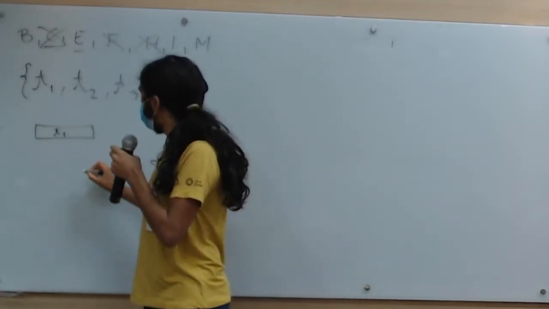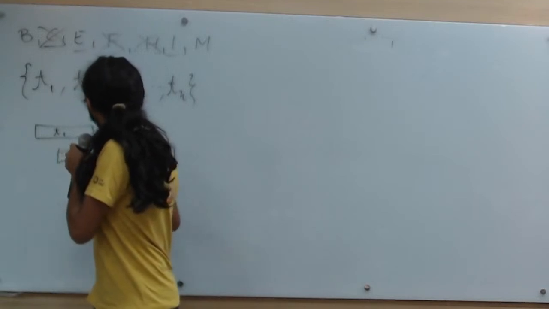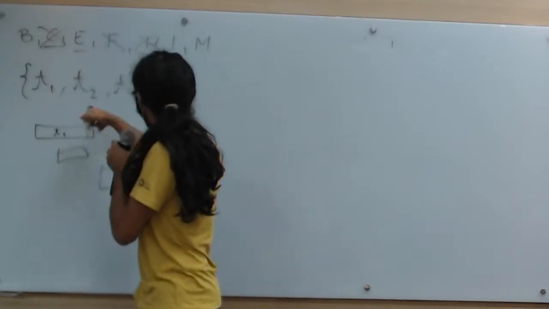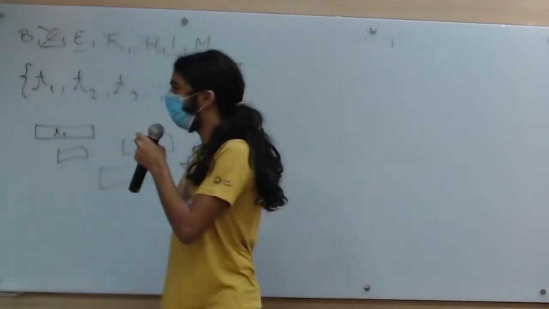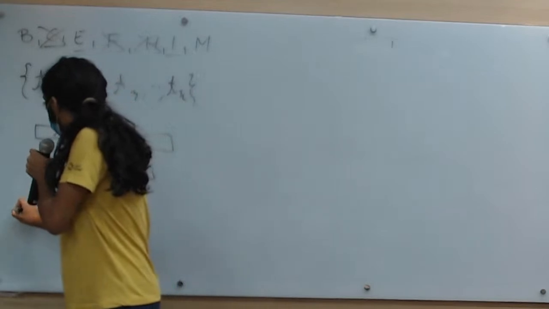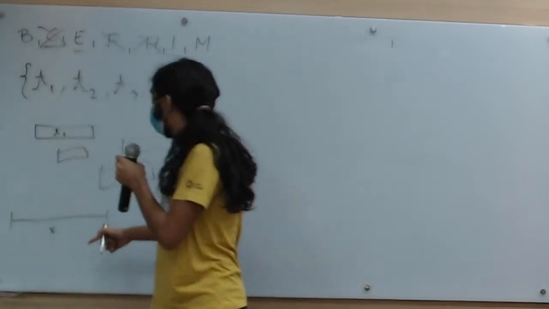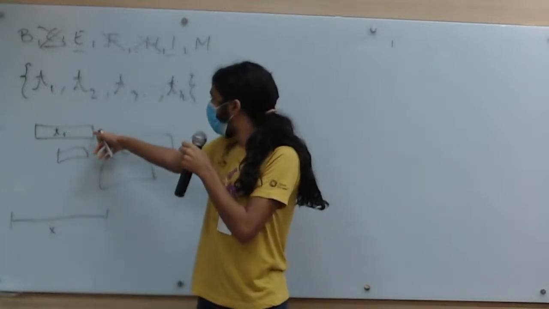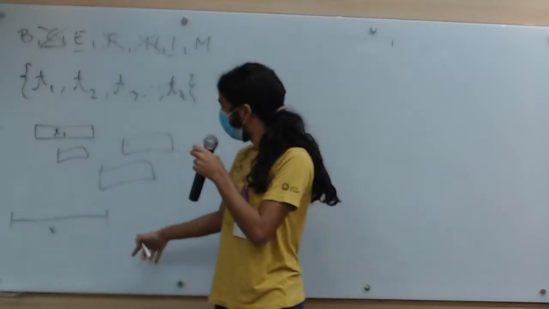And you want to position them in a way where, let's say we do 4 of them. You have to position them in a way where for every segment of size X, there are at most 2 messages that are completely contained in this range, right?